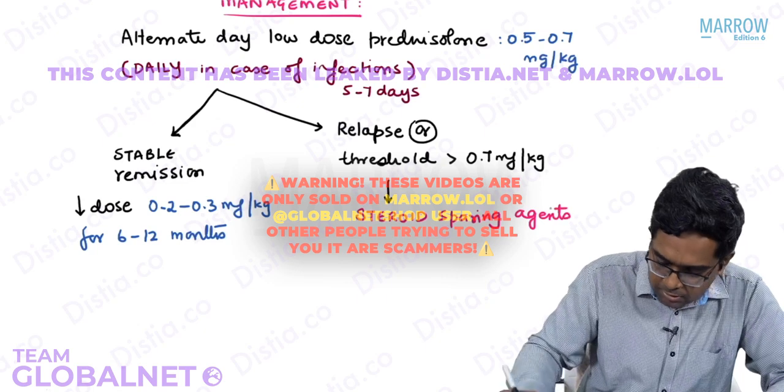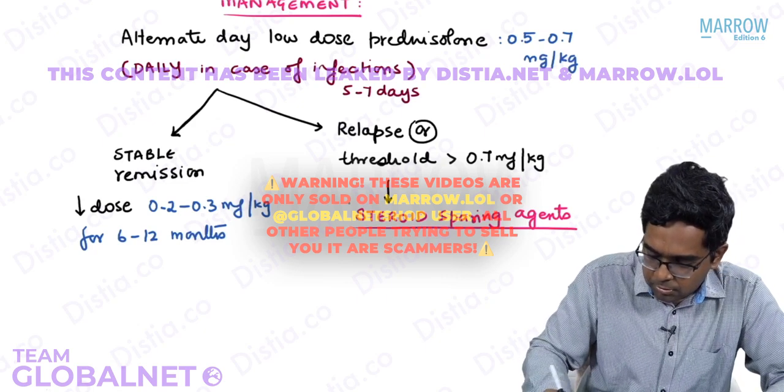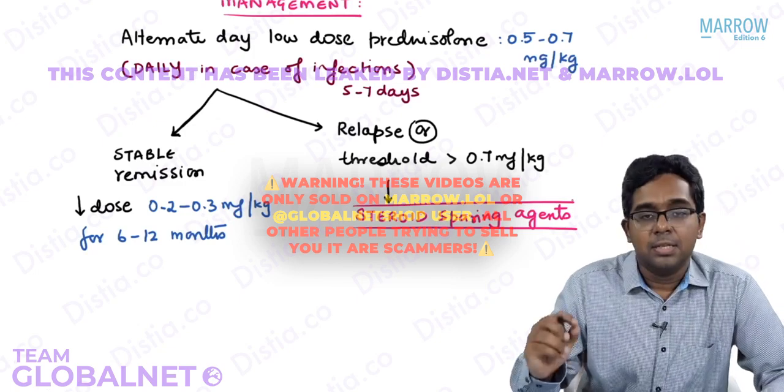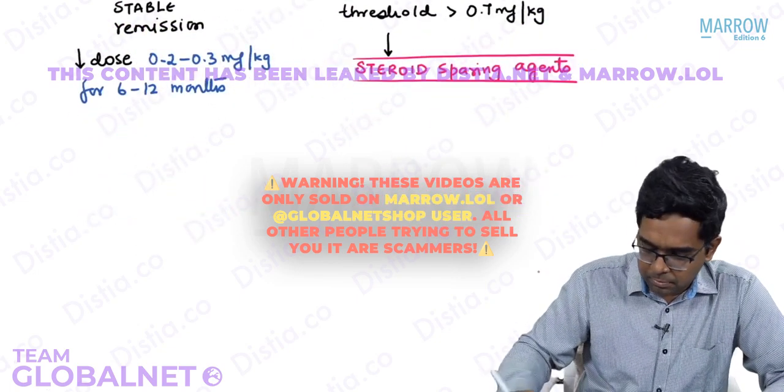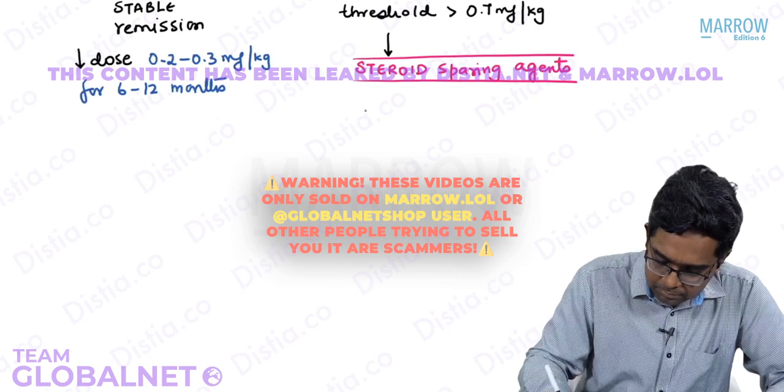Now, which steroid sparing agent to use is further decided by certain characteristics, which includes threshold of the steroid.